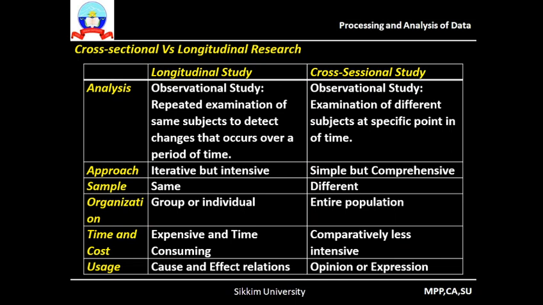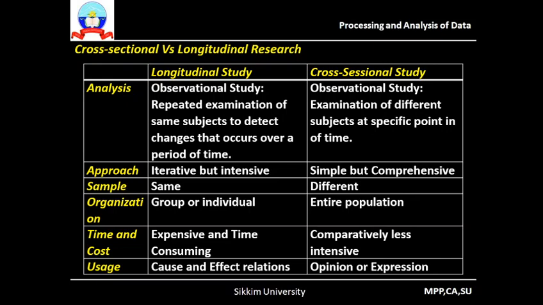Now let us move on to cross-sectional and longitudinal research. Here I have explained cross-sectional and longitudinal research with the help of these attributes: analysis, approach, sample, organization, time and cost, and usage.